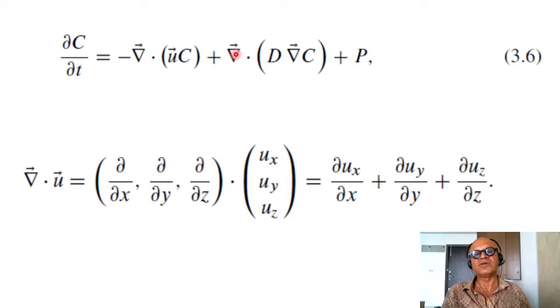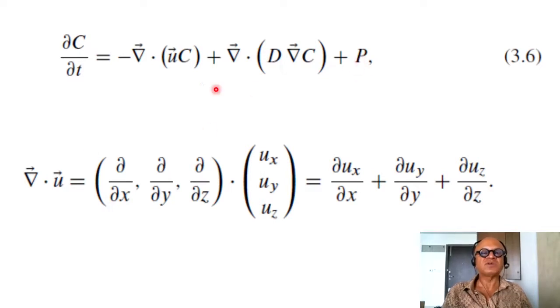So we introduce a new vector operation here: the gradient dotted with another vector, diffusivity or diffusion coefficient times gradient of C. Remember, we wrote this part before when we did diffusion. Plus P, we have introduced a source and sink, so the net source of the material C could be salt, could be water or fluid. That's P.